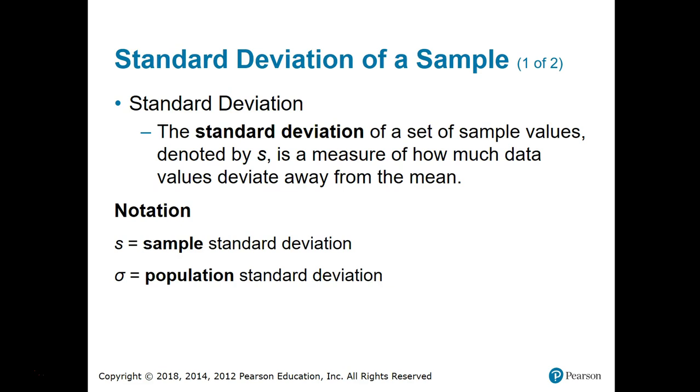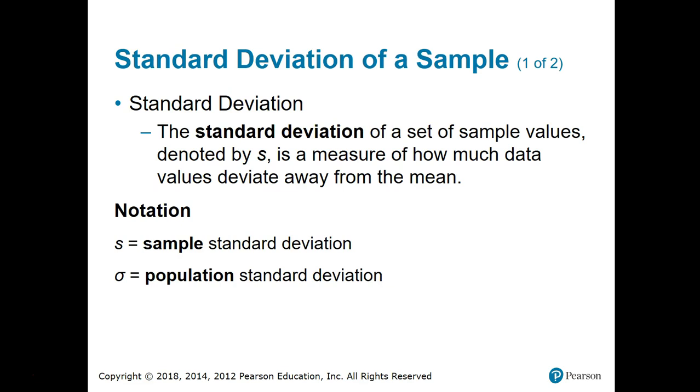Next, we can look at standard deviation of a sample. Standard deviation is usually what we talk about if we're talking about how wide a data set is. And very often we will say our data is x bar plus or minus s. And that is how data will be presented.